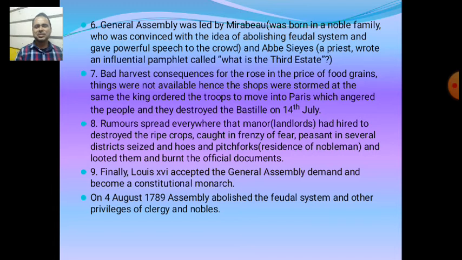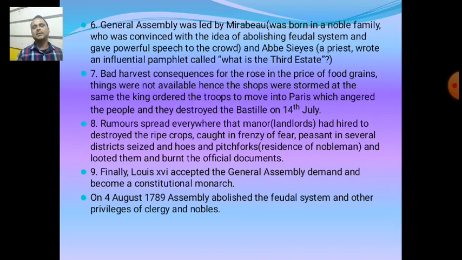Finally, when all these things were happening in the different parts of France, whether in the countryside or in the cities, going through all these bad happenings, which were not favorable for Louis XVI, he thought that it was good for him to go for negotiation with the General Assembly, and ultimately Louis XVI got ready to negotiate with the General Assembly, and he accepted their demands.